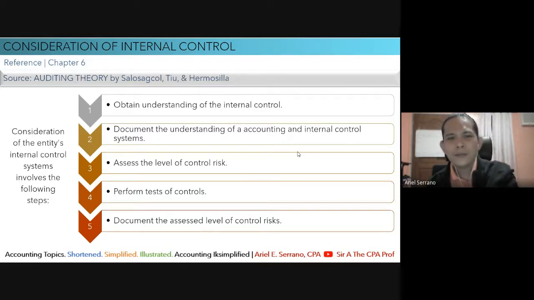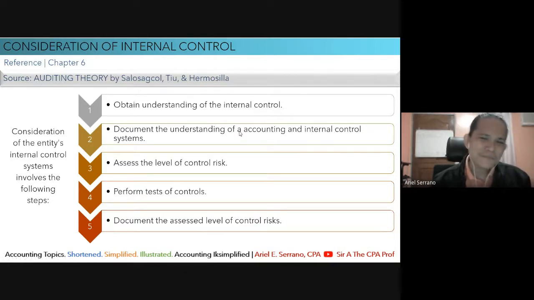Number 4, after assessing the level of control risk, we will perform test of controls. But later on, malaman natin if the test of control is a mandatory step or pwede itong ma-skip. Okay? Number 5, document the assessed level of control risks.